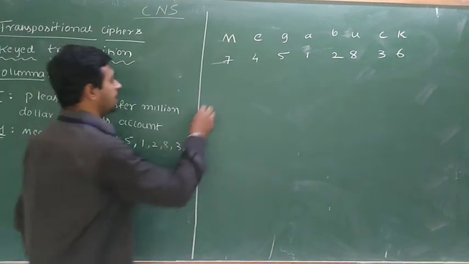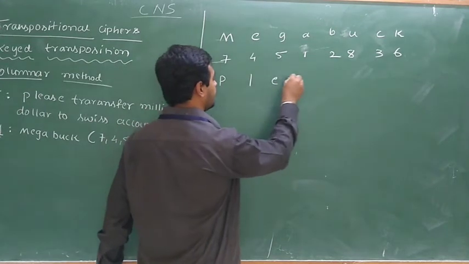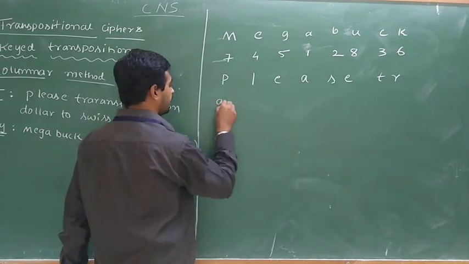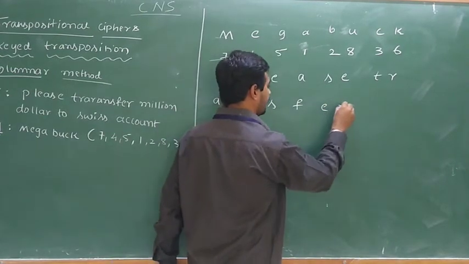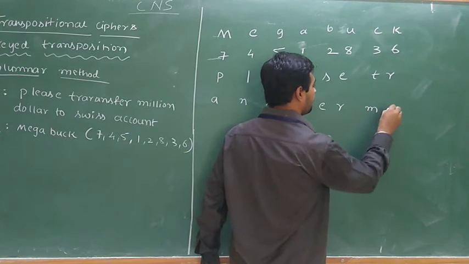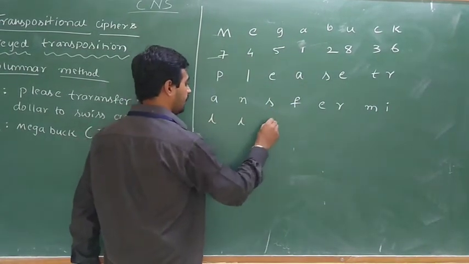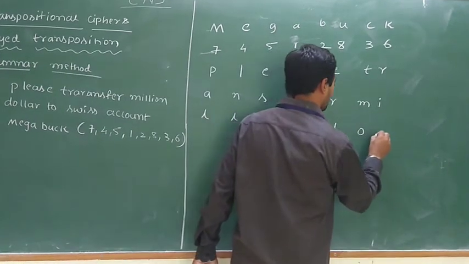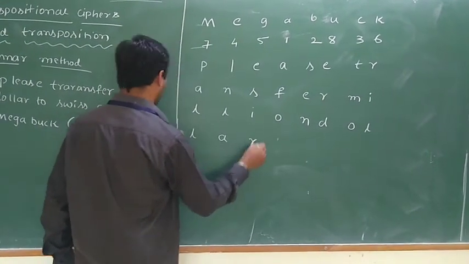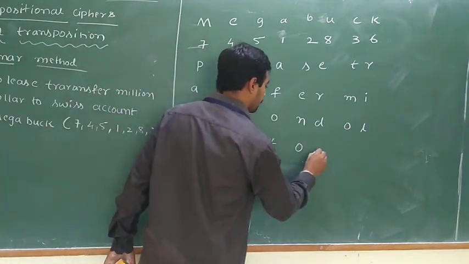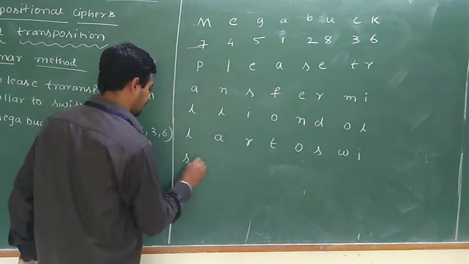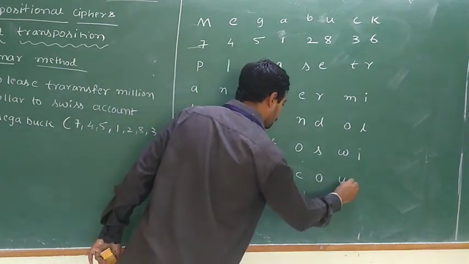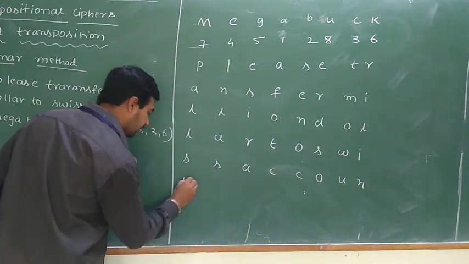So first write in the same way: P L E A S E, please; T R A N S F E R, transfer; M I L L I O N, million; D O L L A R, dollar; T O, to; S W I S S, Swiss; A C C O U N T, account.